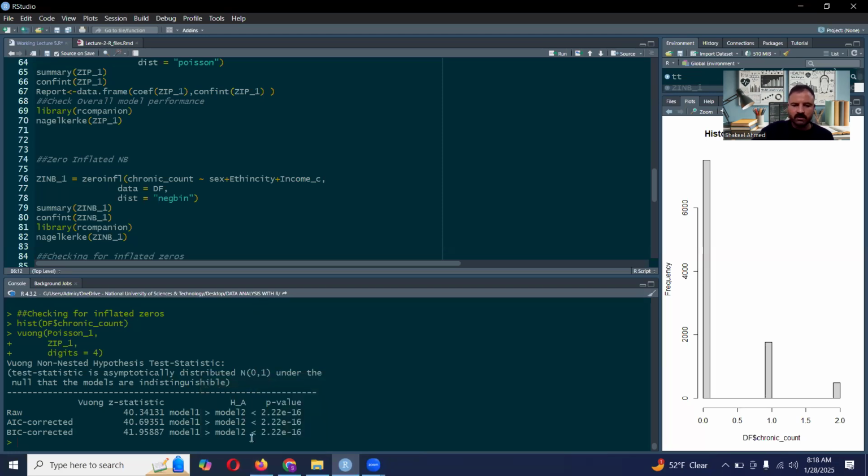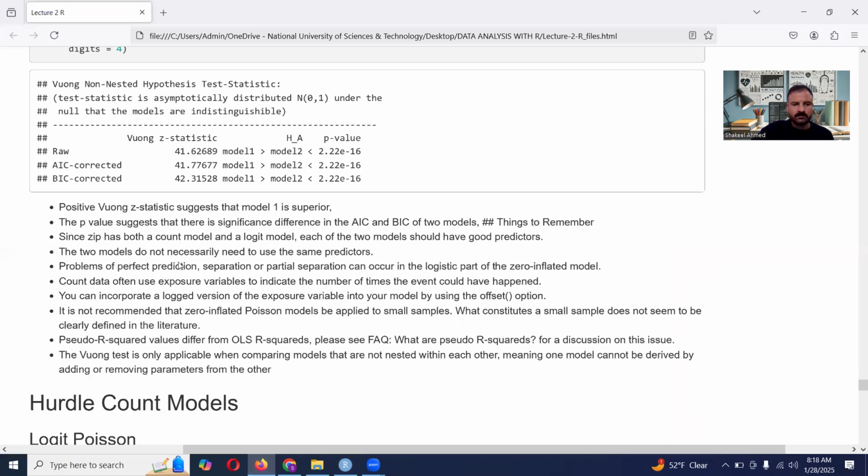Other commands are available in which you can set a different number of predictors in the zero model and the binomial model. And the problem of perfect prediction, separation or partial separation, can occur in the logistic part of the zero inflated model that we see. There may be a cause of perfect prediction, meaning the zeros are perfectly predicted in the zero inflated model, and that could be a problem. And count data often use an exposure variable to indicate the number of times the event could have happened.